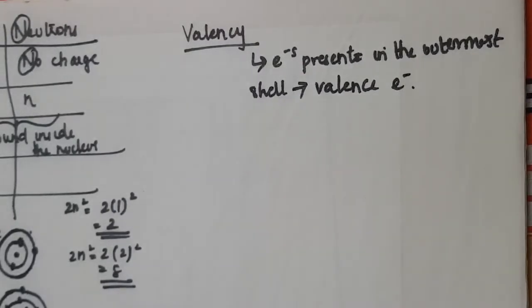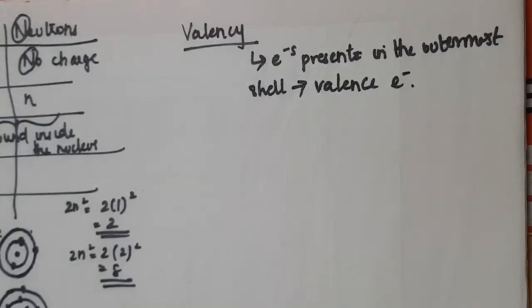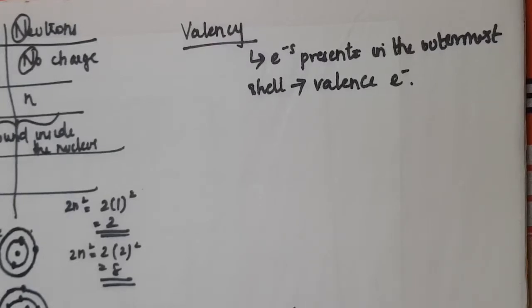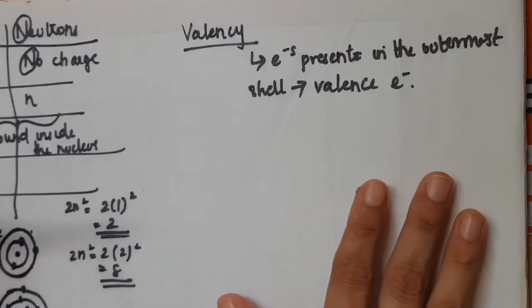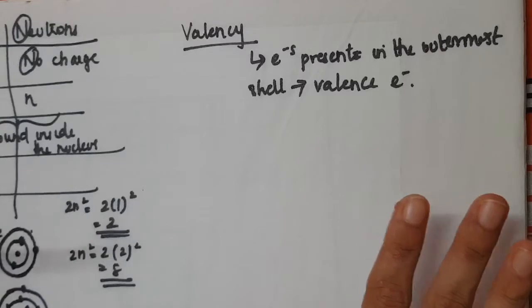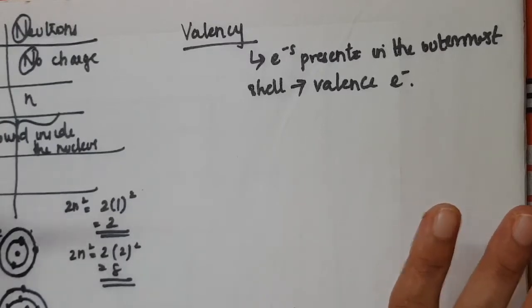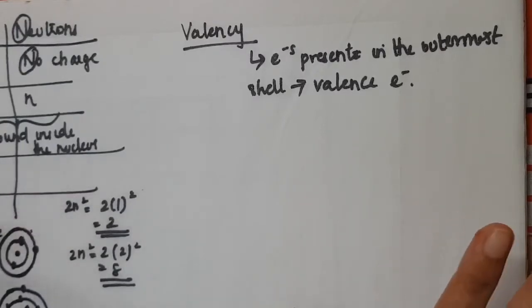Bohr and Bury said that in the outermost shell, the maximum number of electrons is 8. So these elements which had 8 filled electrons in the outermost shell were called the inert elements. They were seen to be less reactive, and they were called octet.